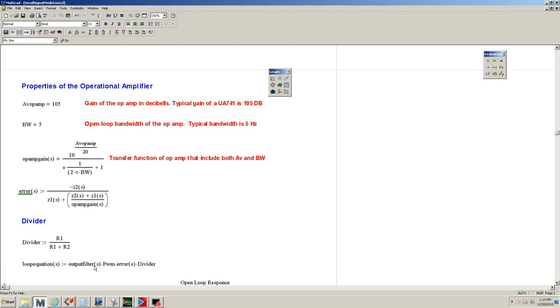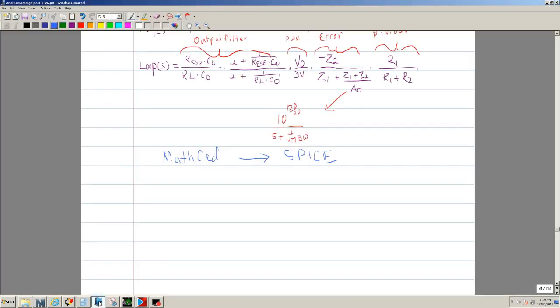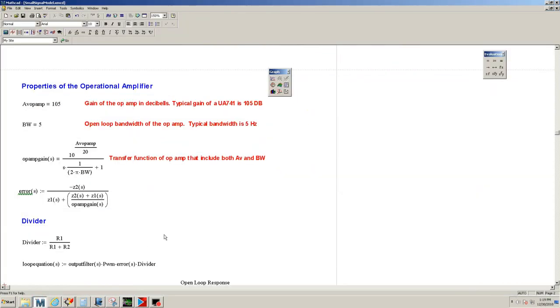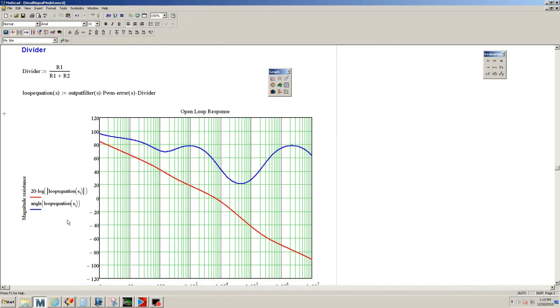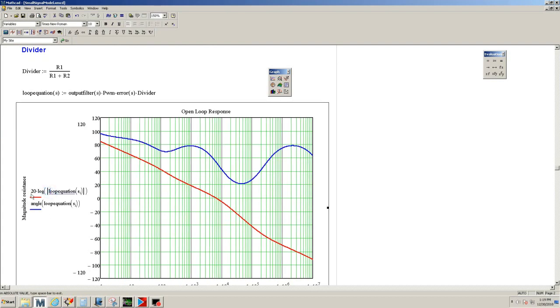Now I can put everything all together. I have 1, 2, 3, 4 terms, which is the same 1, 2, 3, 4 terms. Now I can do a loop analysis. All I do is define this 20 log, and it's the magnitude of the loop equation. To get it to function, you want to set up a subcircuit or a subscript, and basically it's going to go through.